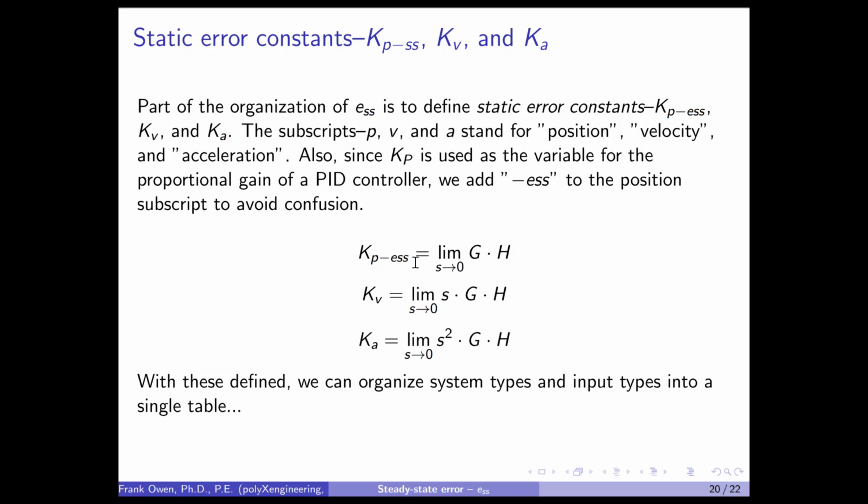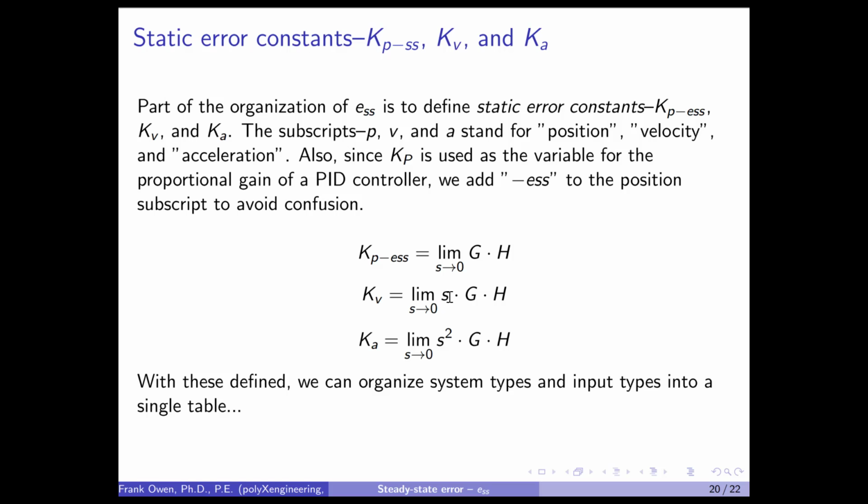Why they're defined this way: if you went back and did the analysis like we did for a step input, a ramp input, and a parabolic input for steady state error, you would find that you need these very quantities to calculate the static error constants. And they all involve the limit as s goes to 0 of the open loop transfer function, GH, with little variations. The velocity one has an s.